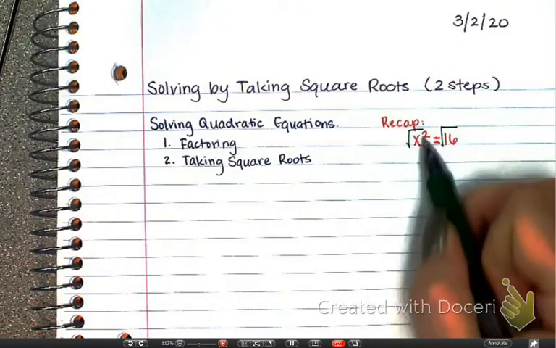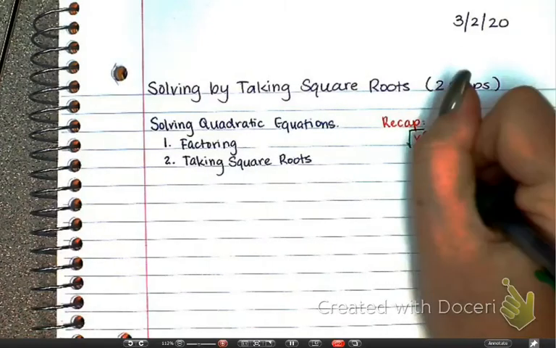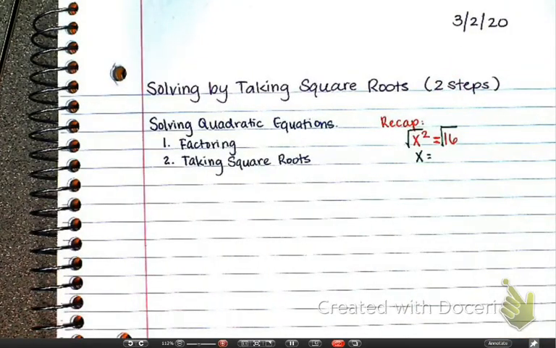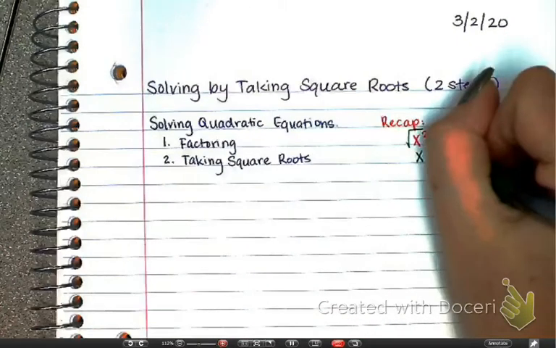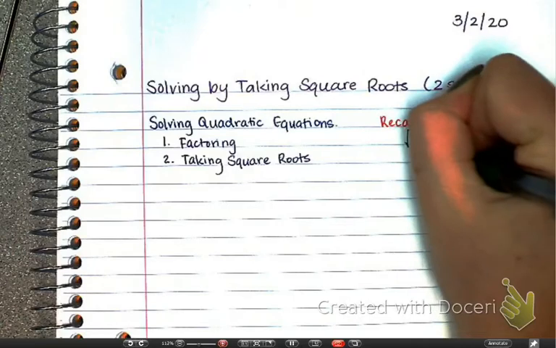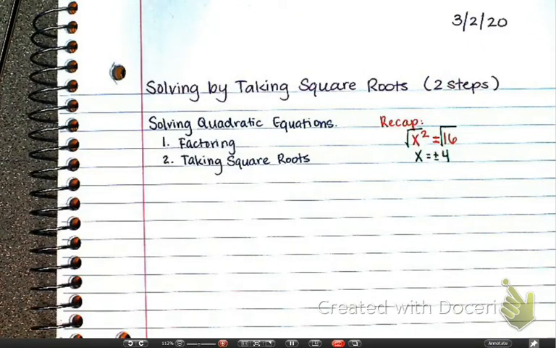What's the square root of x squared? x. What's the square root of 16? So my answer is x equals 4? Plus or minus? Don't forget, you always will have those 2 answers when you are solving by taking square roots. Super important.